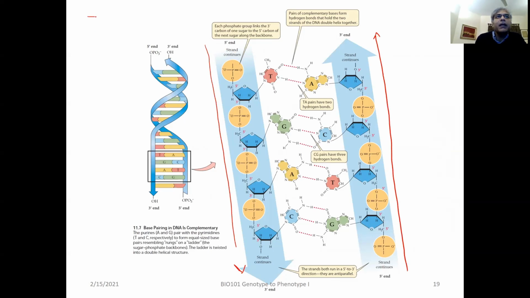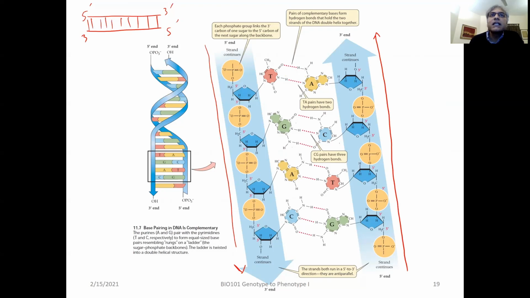So we write them like this: 5' to 3', and the other strand will be 5' to 3'. This anti-parallel strand structure of the DNA is actually the reason which makes the hydrogen pairing between different nitrogenous bases possible, and also contributes to this helical structure.